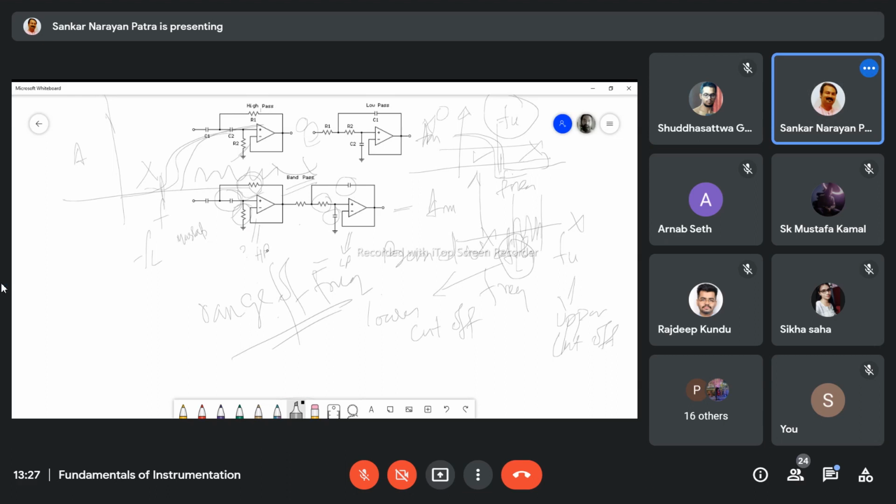That bandwidth means delta F, which is FU minus FL. Within that frequency range the signal will be allowed. Okay, this is another circuit of filter circuits.